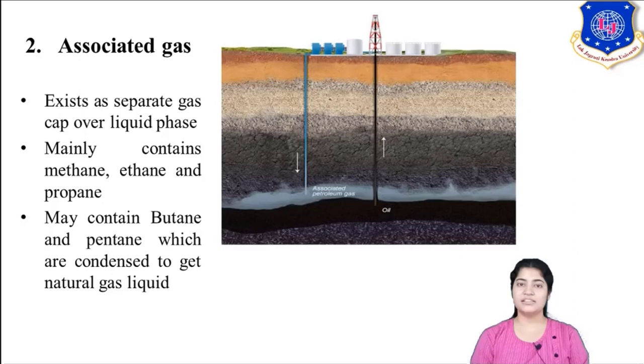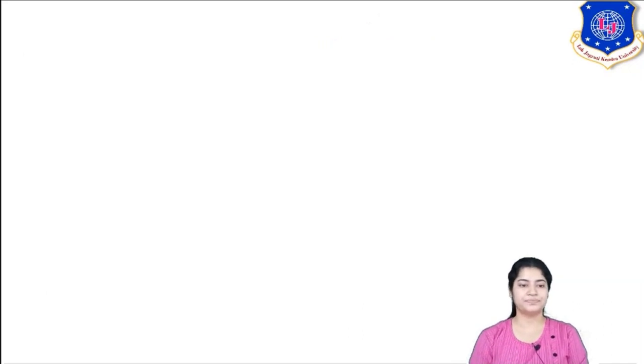See, gases are in gas phase up to C4, that is up to butane. From C5 the liquid phase starts. But it is possible that butane and pentane may be present as some liquid droplets in this gas. Okay, it might be dispersed, but they are condensed, and that is called natural gas liquid.